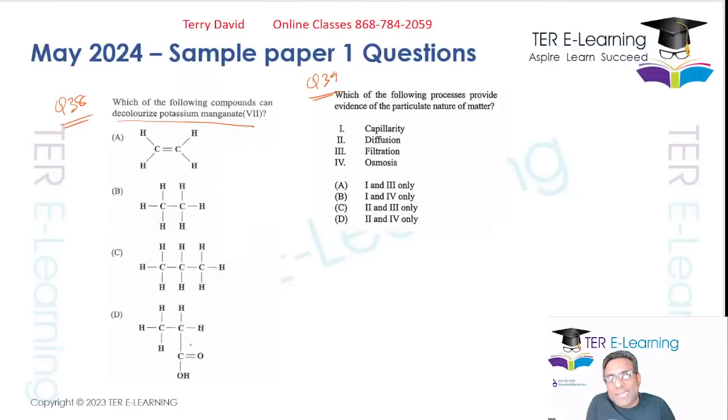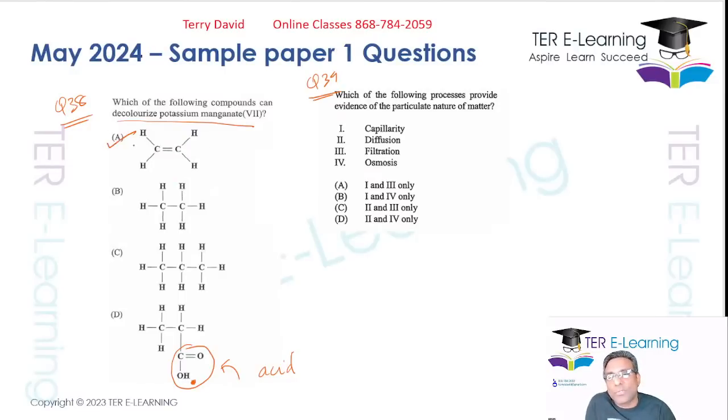This question has a slightly different slant, right? I've seen other questions where this group was put in here to kind of fool some students, but this group is your carboxylic acid group. Some students might just see an OH, because KMnO4 can react with an alcohol. This is not an alcohol, it's an acid, right?